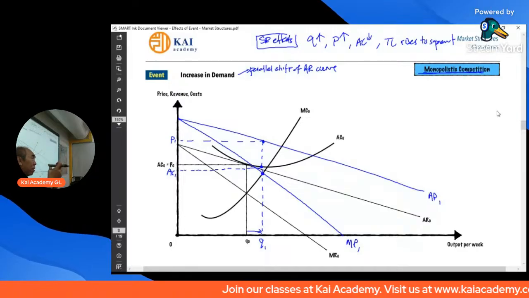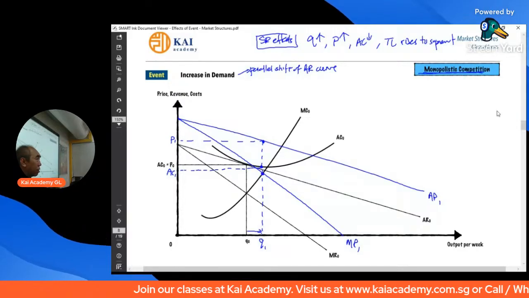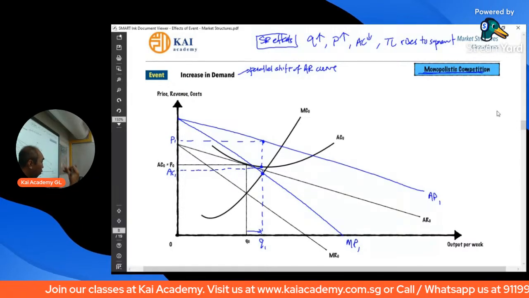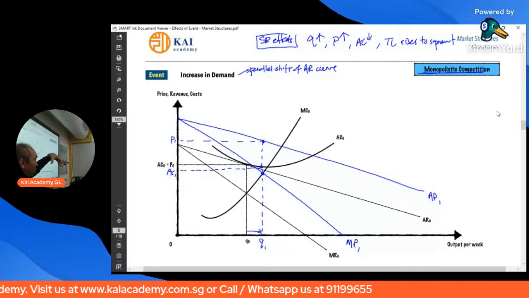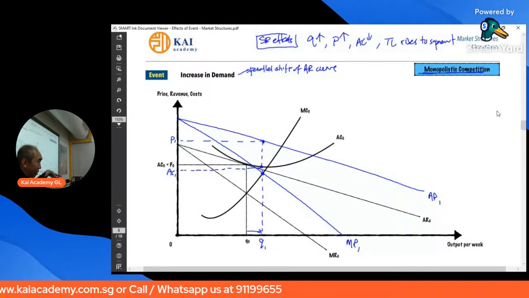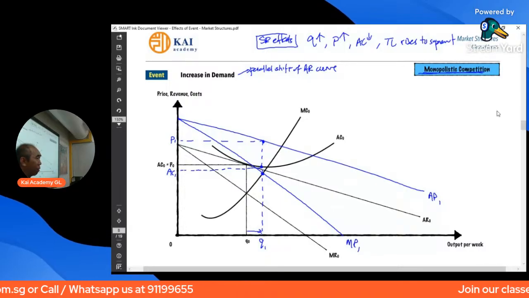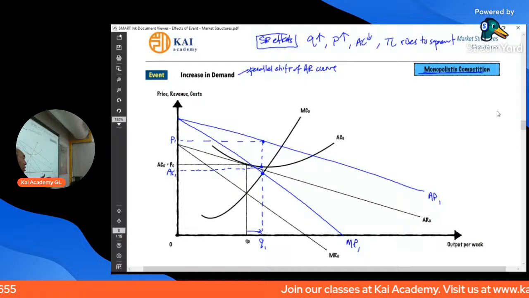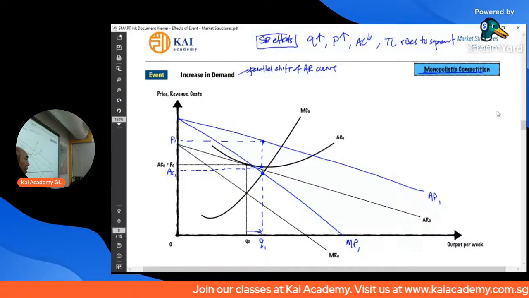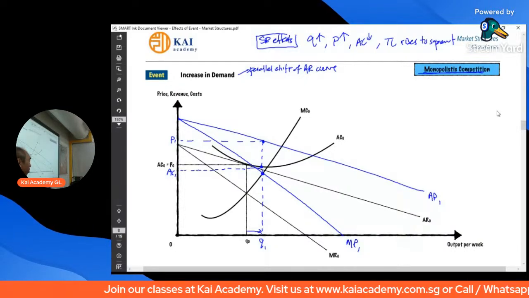So how to interpret entry of new firms? You've got to think of entry of new firms as each firm now having less of the market share, because I have more competitors fighting for my market share. For example, there are five restaurants in this town, and 1,000 people who live in this town.